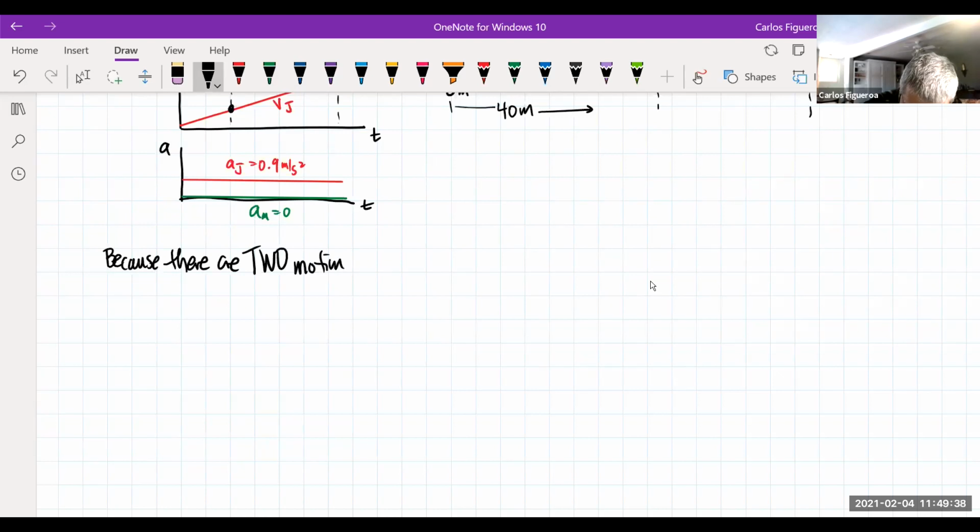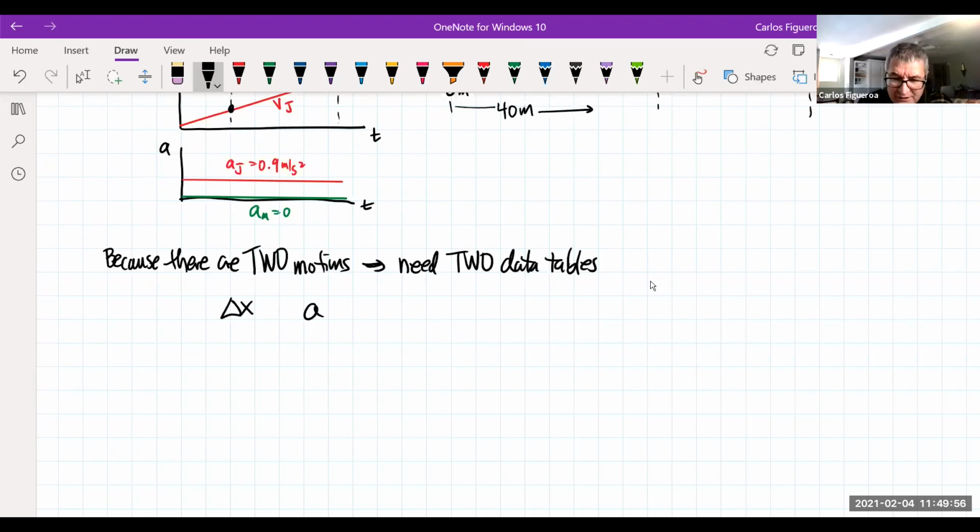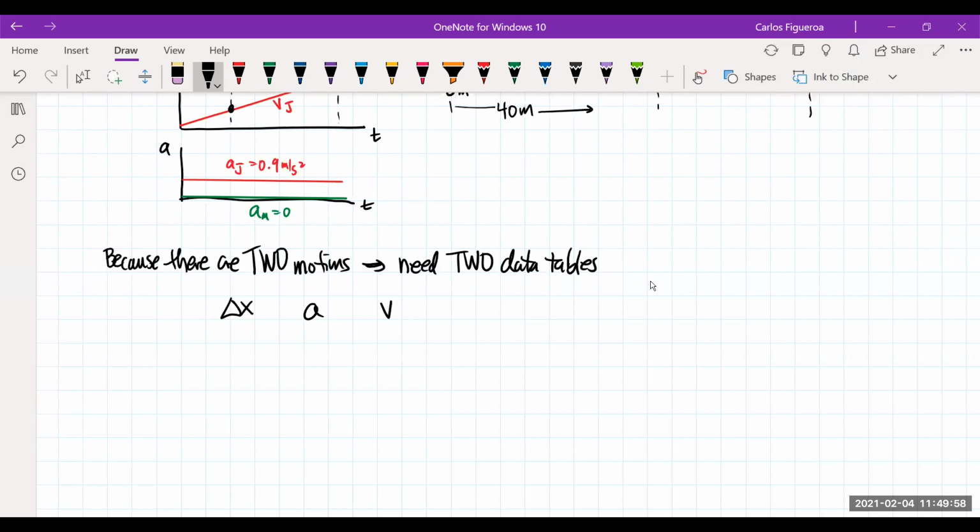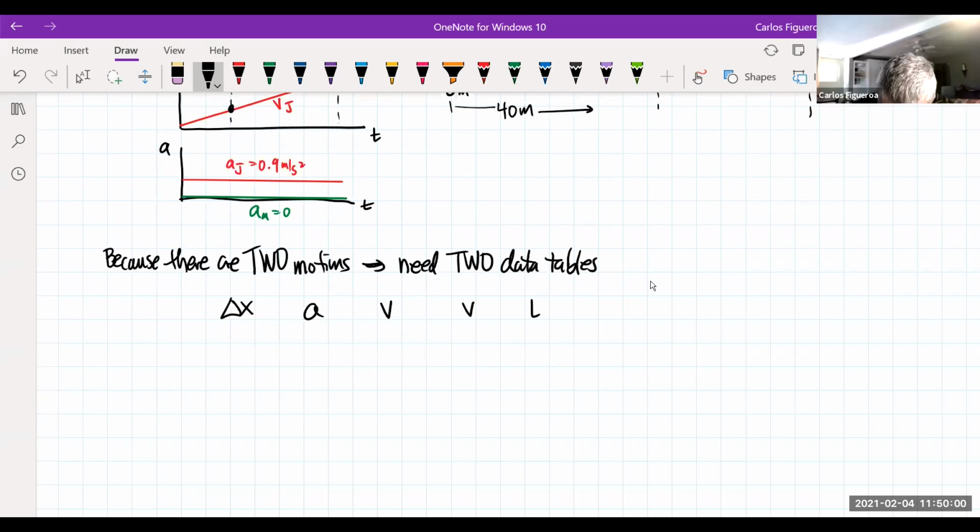We need two data tables. And remember, data tables are a scheme to organize information. So here we go. I have my displacement, my acceleration, my velocities, and my time.